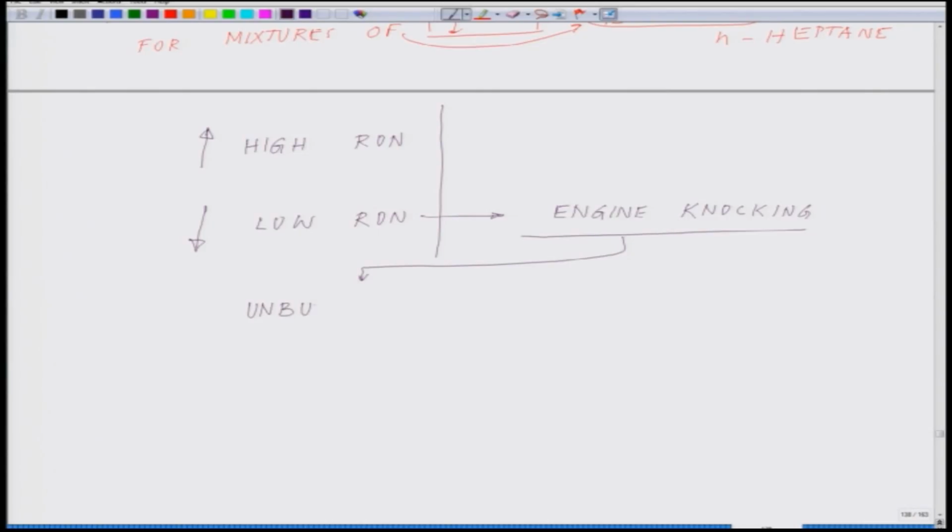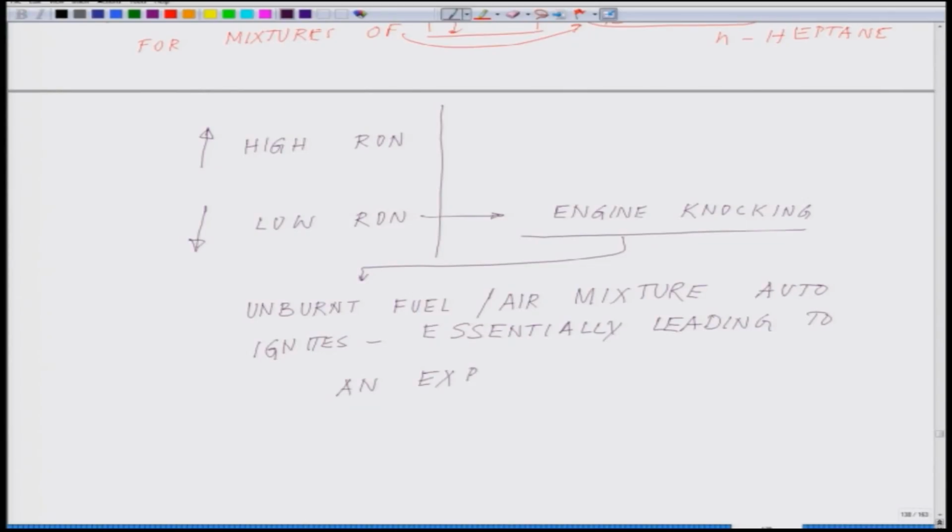This is a situation which is in a way very dangerous, essentially leading to an explosion in the engine.